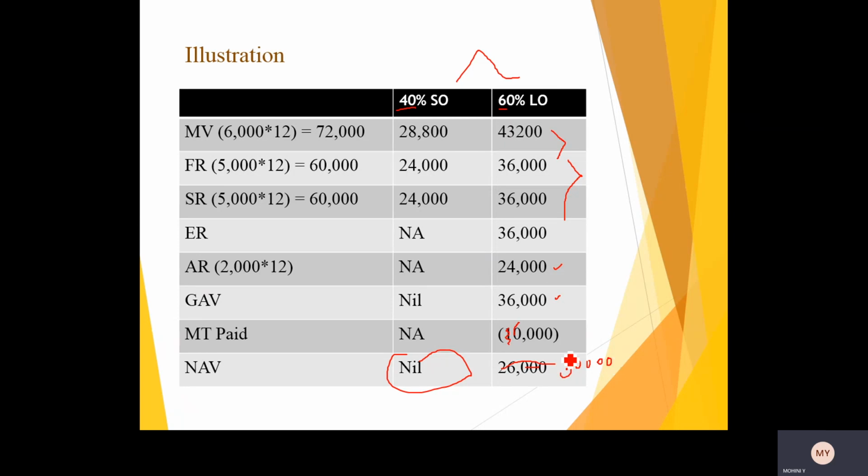Okay, there is a typo here. So municipal taxes also you have to divide. In this case, 10,000 is for the entire house, so we'll allocate it to the self-occupied and let out property. So in this case, it is 4,000, but in case of self-occupied, it is not allowed to be reduced, so it is nil. And 10,000 into 60% is 6,000, so it is allowed to be reduced. So 36,000 minus 6,000 is 30,000.